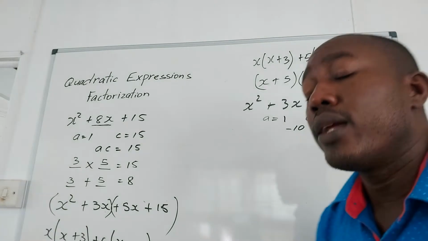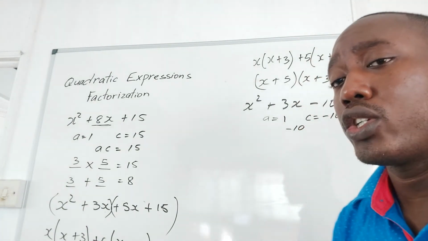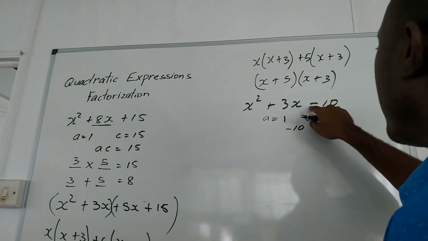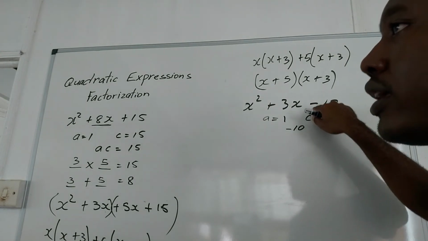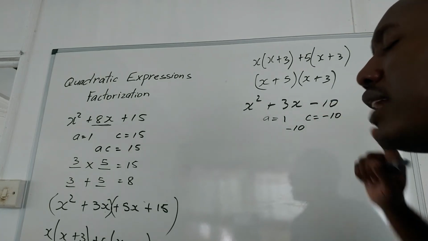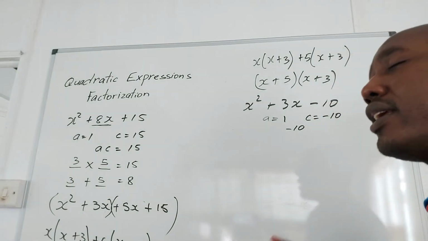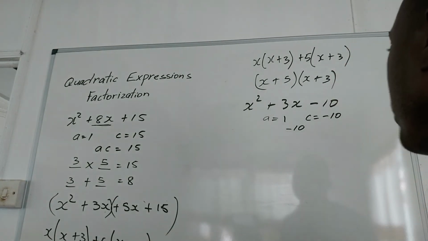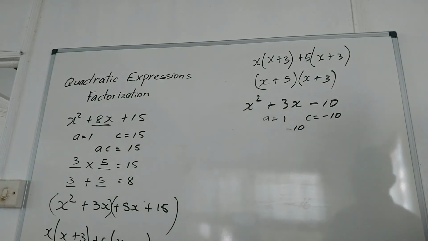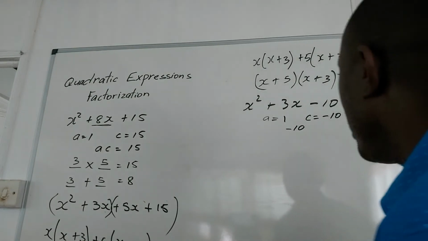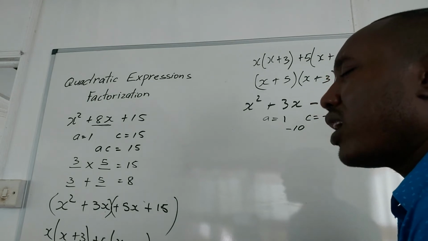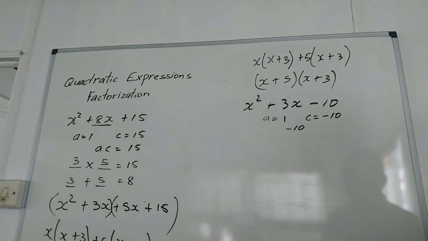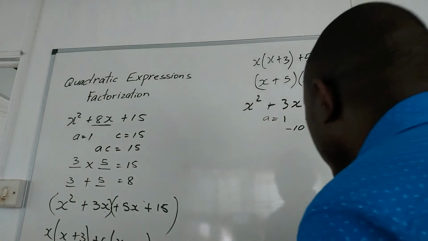Now, I hope you remember that when we were doing the binomial expressions, we said that if c is negative, it means that one number is positive and the other is negative. So let's see what two numbers, one positive and one negative, when we multiply them we get negative 10, and when we add them we get positive 3.